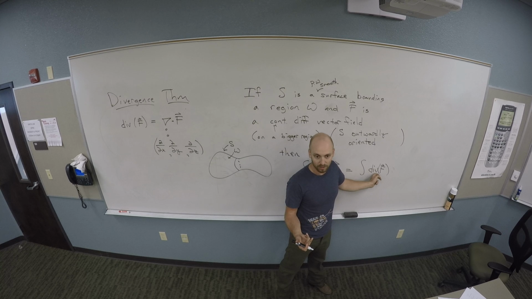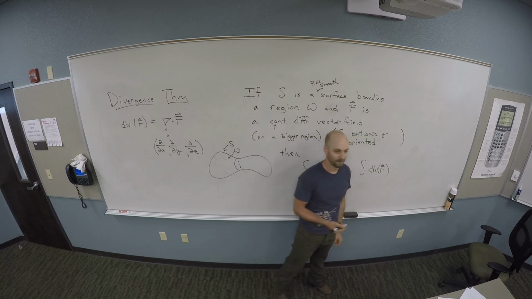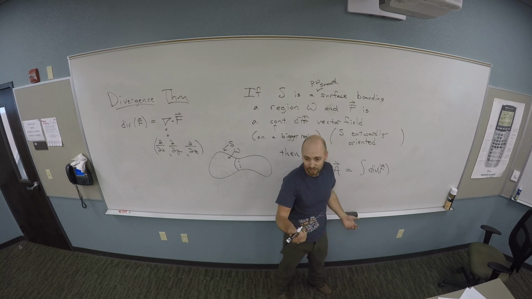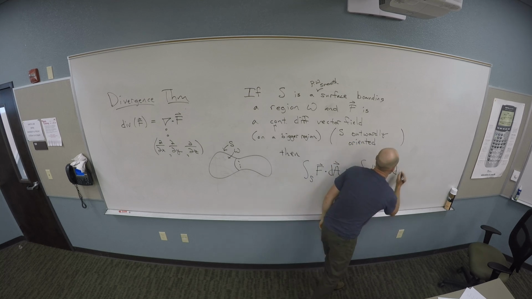You guys see that? This thing is a scalar function, so it's got 3 variables in it. So how many things am I going to have to integrate to get a number? In other words, what should I throw here? It's got to be the volume. So we're going to integrate over W, the inside, dV.